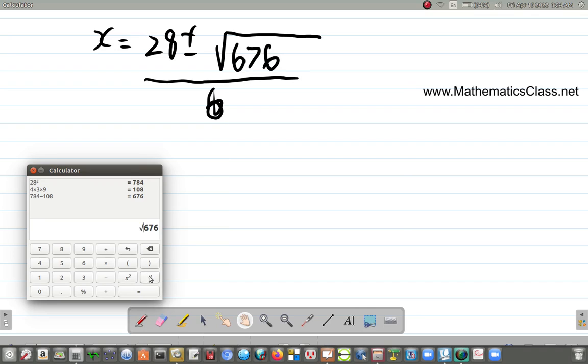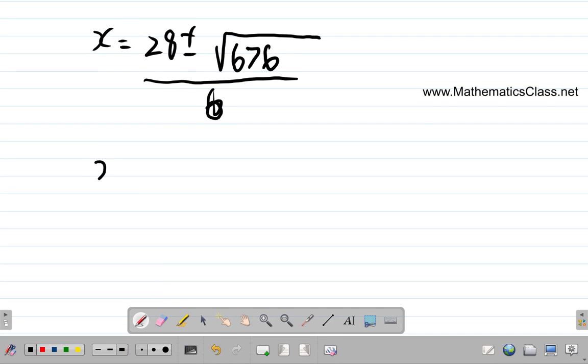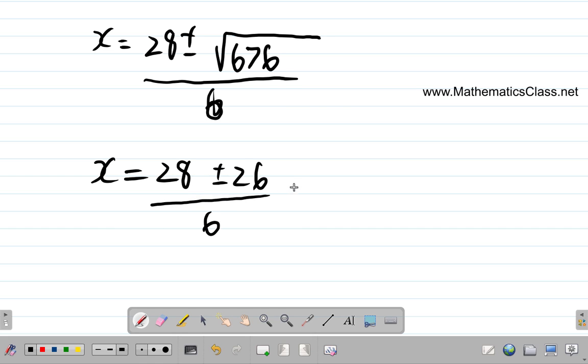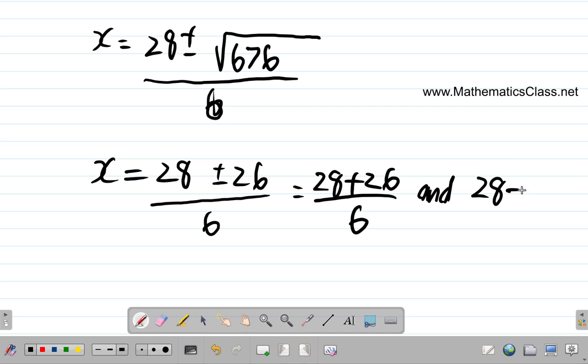The square root of 676 gives us 26. So here, x equals 28 plus or minus 26 all over 6, which is, in one case, 28 plus 26 divided by 6. Also, x is 28 minus 26 divided by 6.